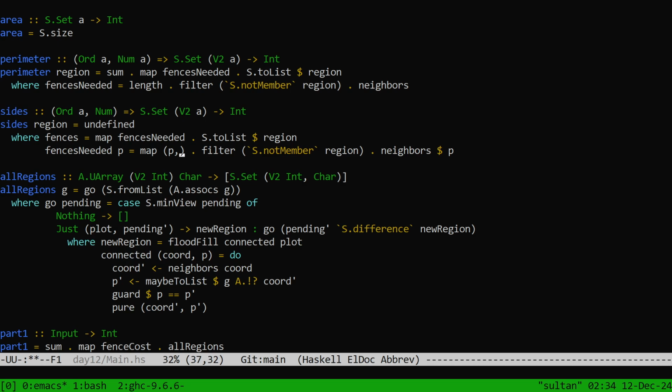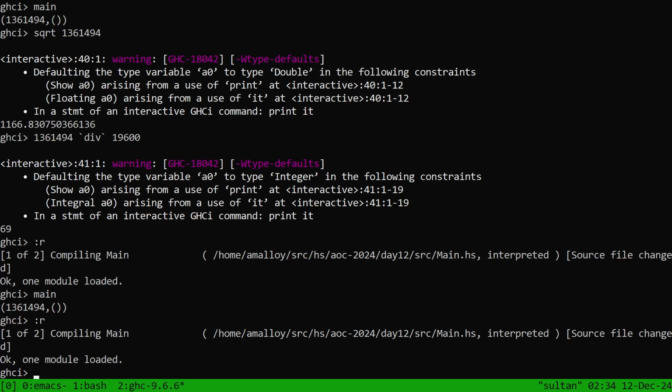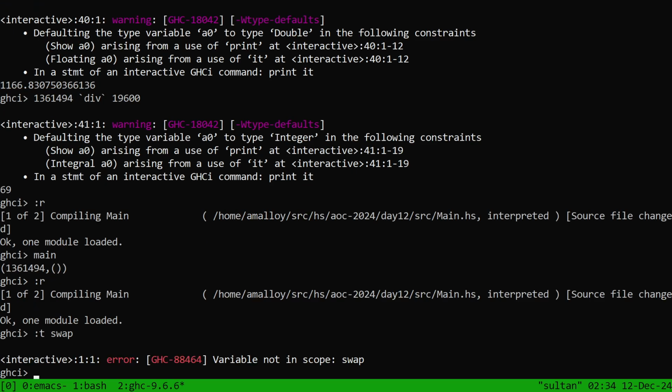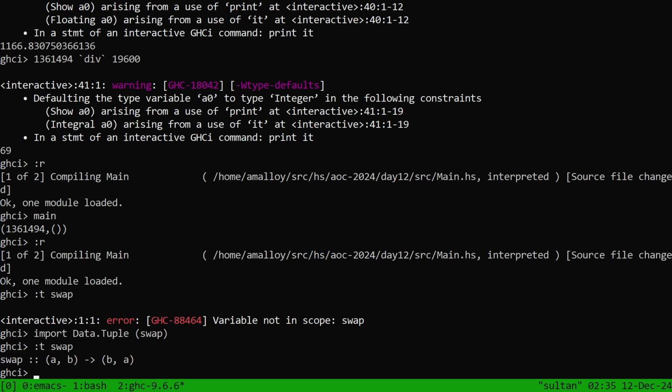And the ones that are vertical, group them by their shared x coordinate. There's a function that's called swap, right? I imported, huh? Okay. So swap takes a tuple and swaps it around.